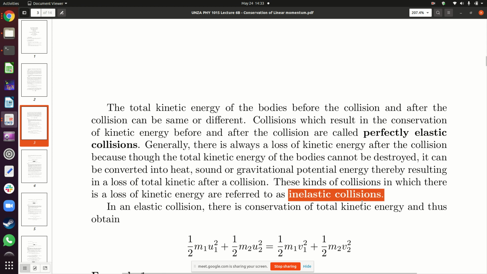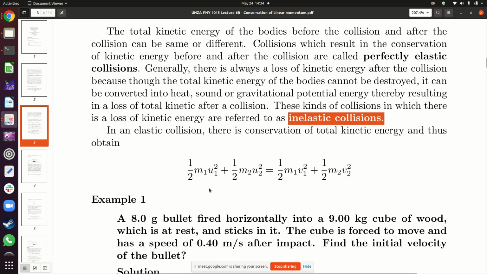Even in an inelastic collision, the principle of conservation of linear momentum is still upheld, whether the collision is elastic or inelastic.